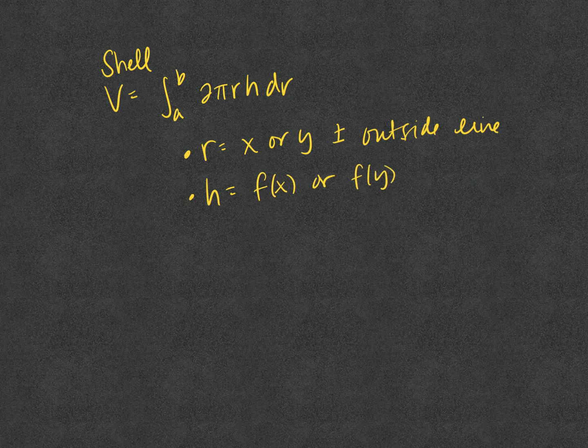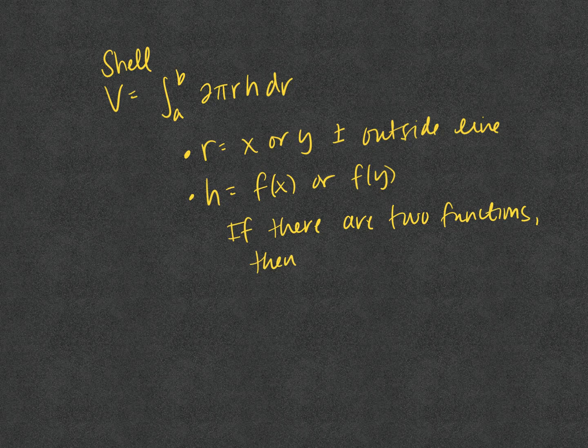If there are two functions, then h equals f1 minus f2, top minus bottom or right minus left.